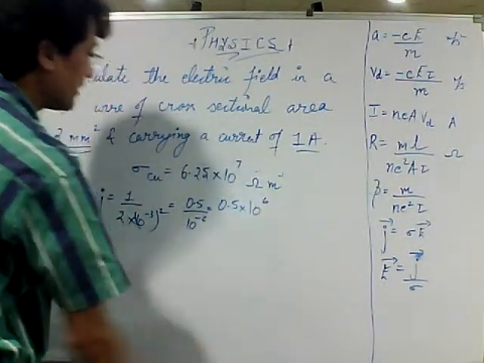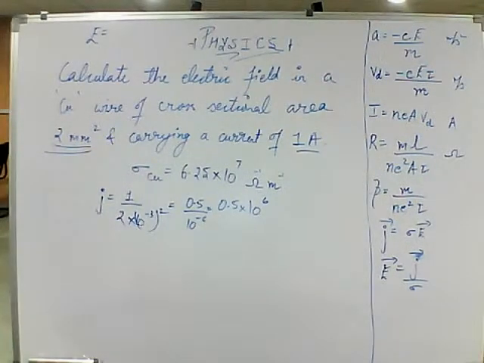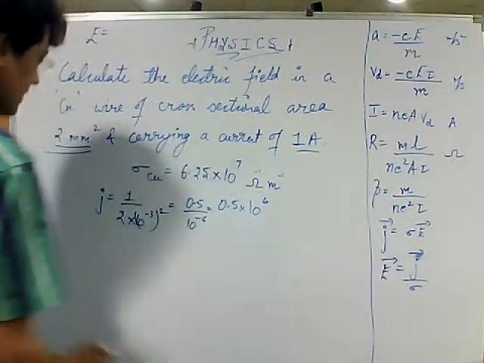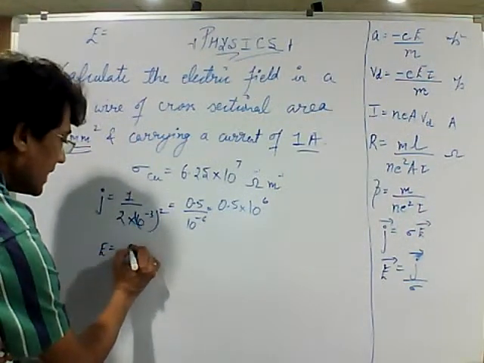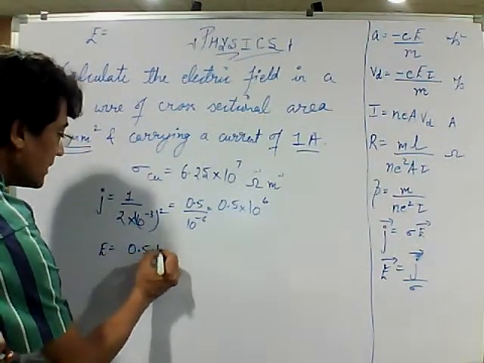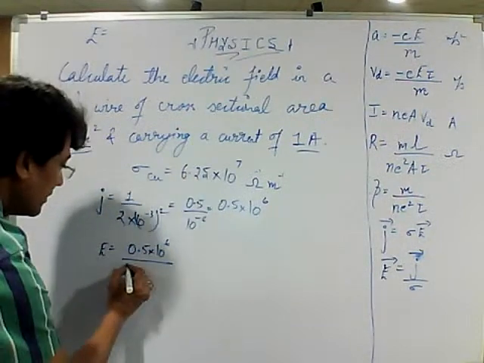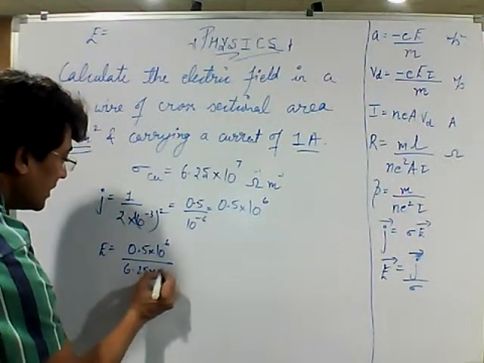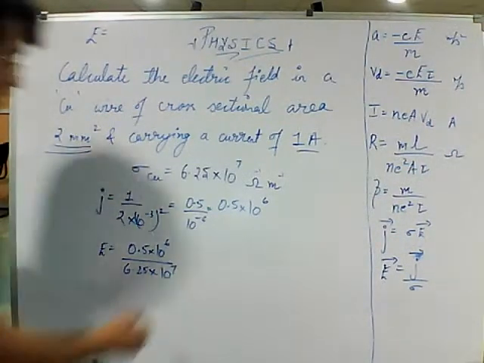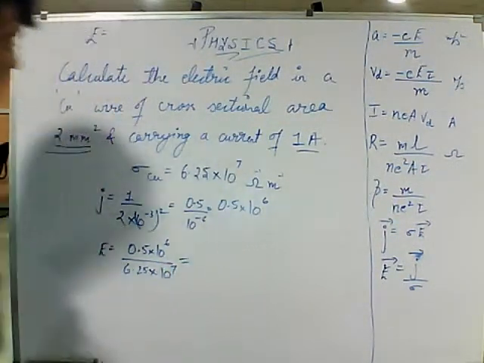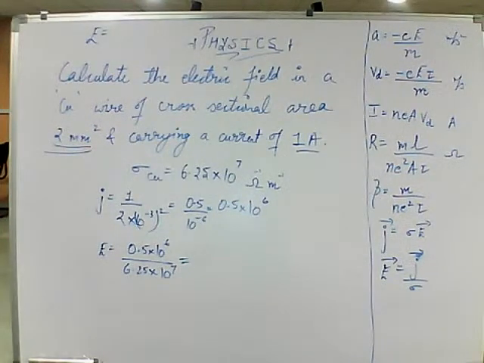So what I am left with now, I have E given as J by sigma. So it would be J, that is 0.5 into 10 to the power 6, divided by sigma, which is 6.25 into 10 to the power 7. You solve this and you will get the correct answer.